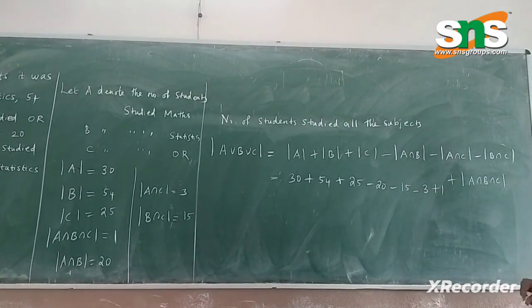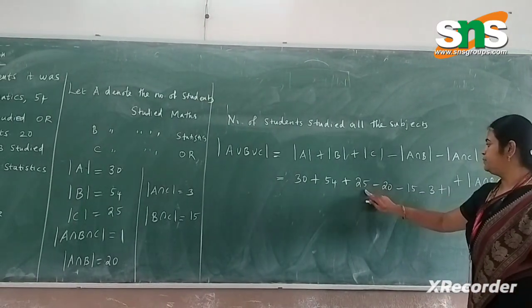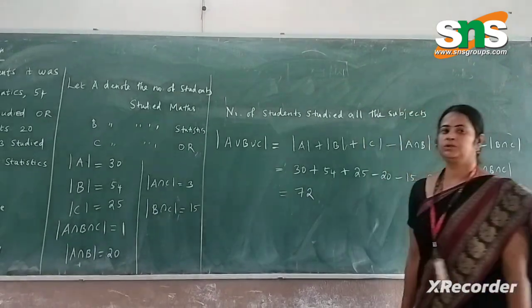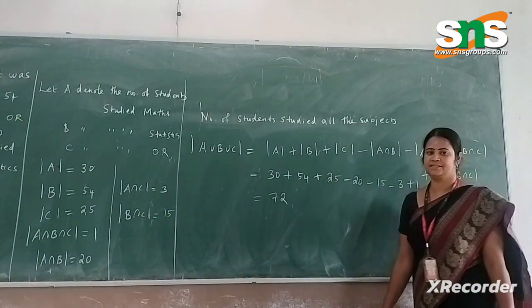So when you add this, what do you get? 30, 84, 25. The answer is 72. Cardinality of A union B union C is 72.